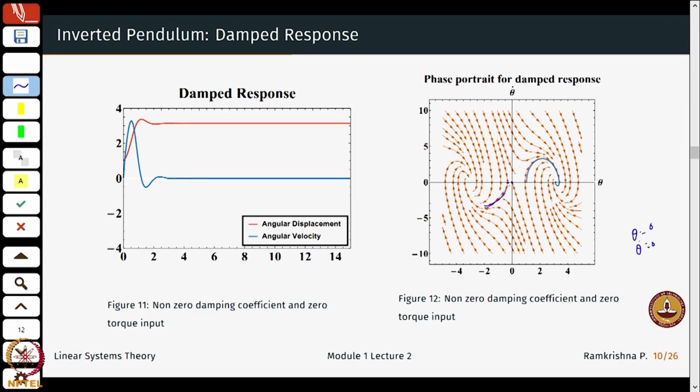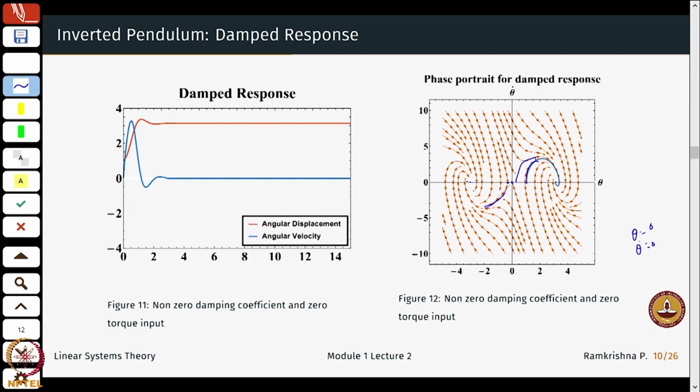We will see the global behavior of this later on, but the initial indication is that they diverge from the origin. That is also true because if you take a pendulum that is upside down and perturb it, you expect it to go down. And it might converge to the downward position, which is maybe somewhere here.